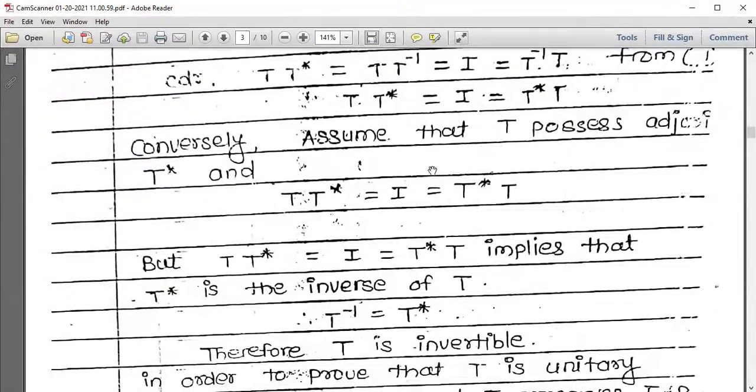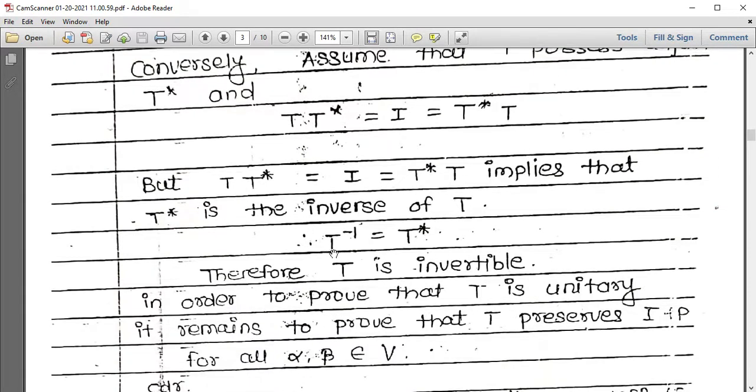Conversely, we assume that T possesses an adjoint T star, and T into T star is equal to I, which is equal to T star into T. This implies that T star is the inverse of T. T into any operator equal to I means that the operator must be the inverse of T. Hence, here T star is the inverse of T by the definition of an invertible operator.